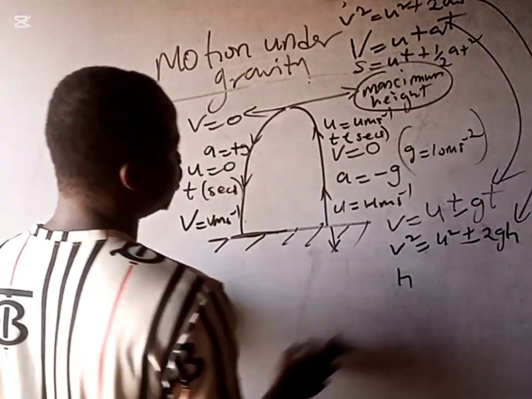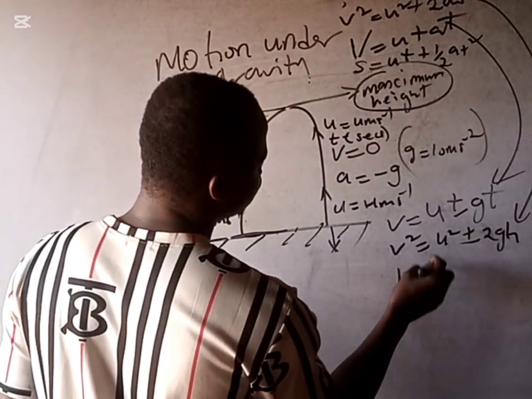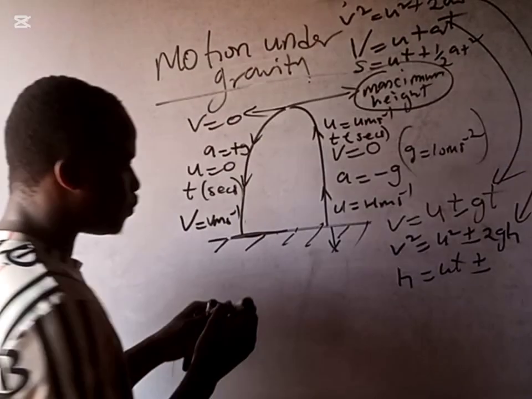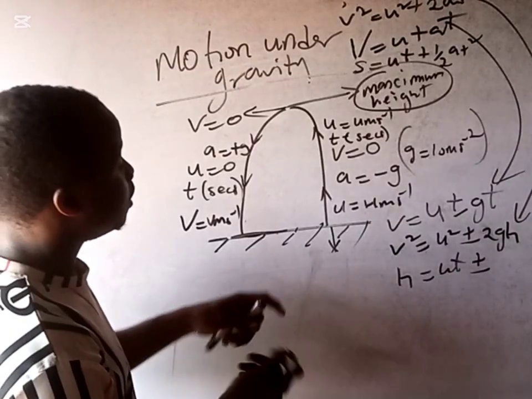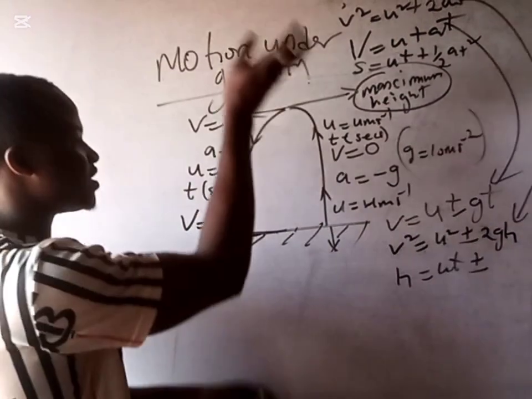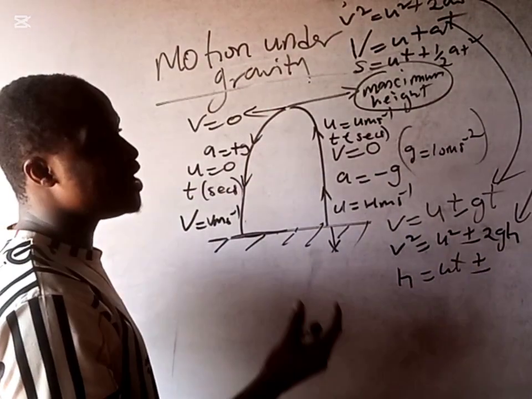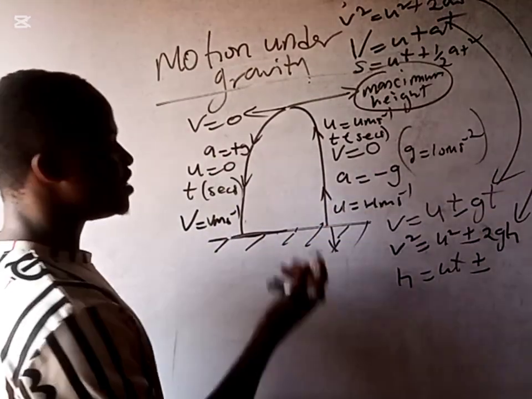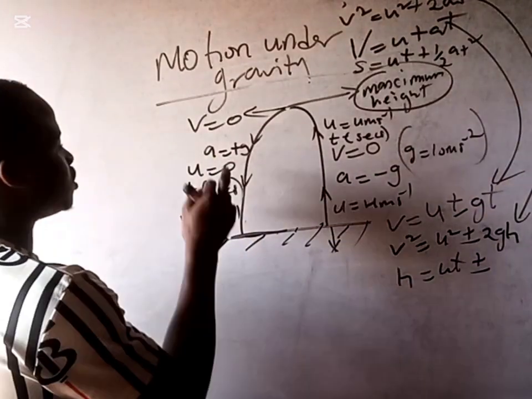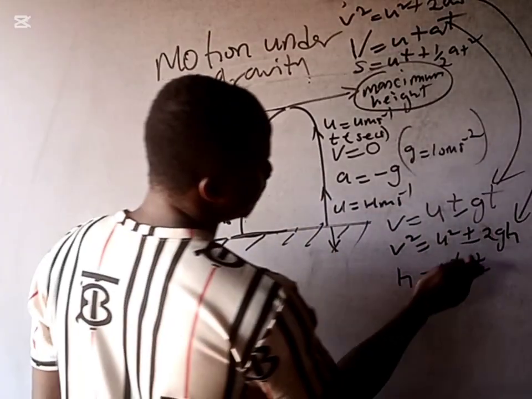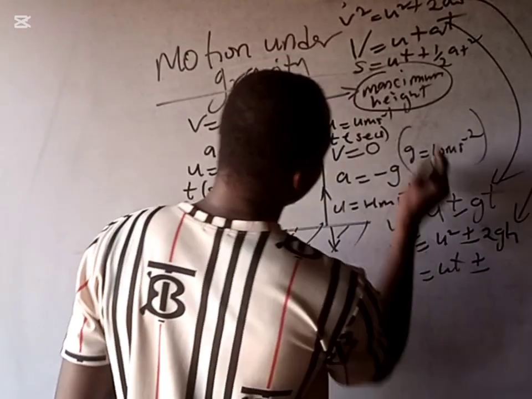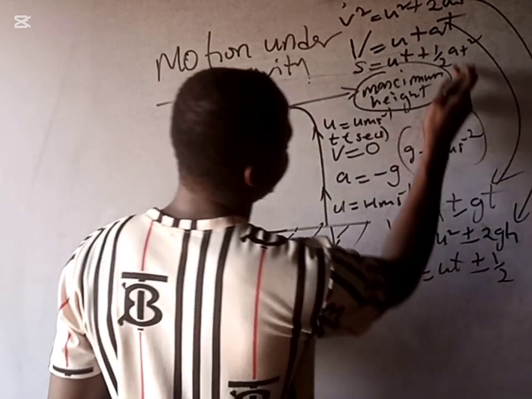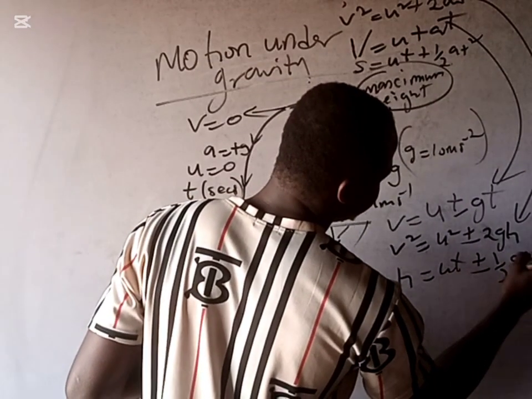So h is equal to ut plus or minus, because we don't know, maybe it's either moving vertically upward or vertically downward. When it is moving vertically upward, acceleration is minus g. When it's moving vertically downward, acceleration is plus g. That's why we put plus or minus. Then 1 over 2 gt squared instead of at squared.